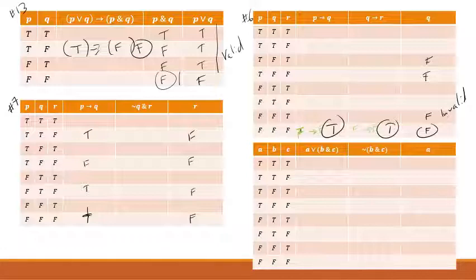So I need to have Q be false and R be true in order for that to work, because we do the negation first in this instance. So Q is false and R is true right here. So that will get me a true premise. Otherwise, the premises will end up being false.